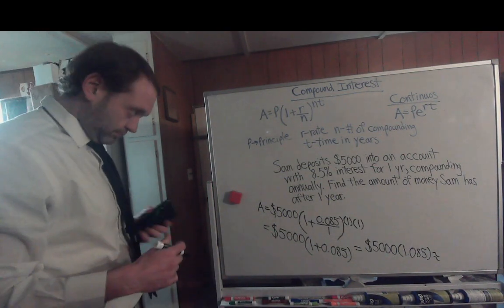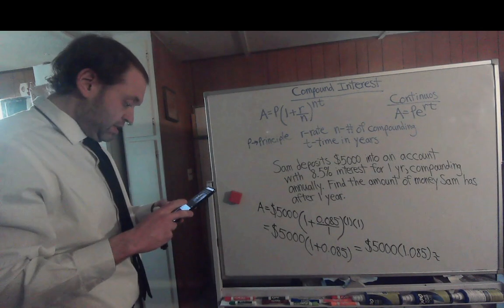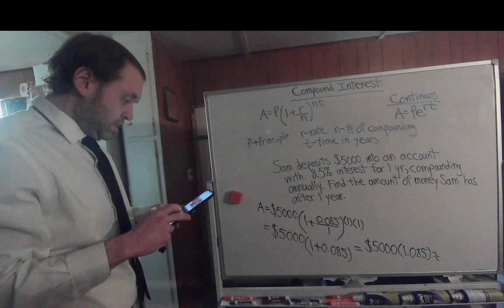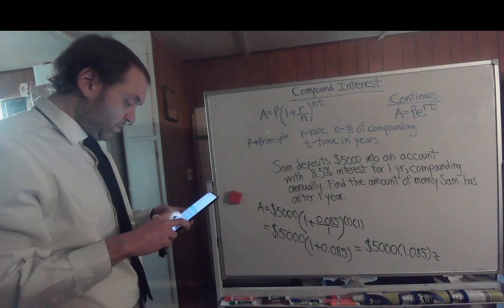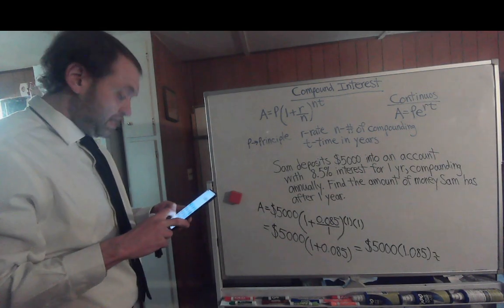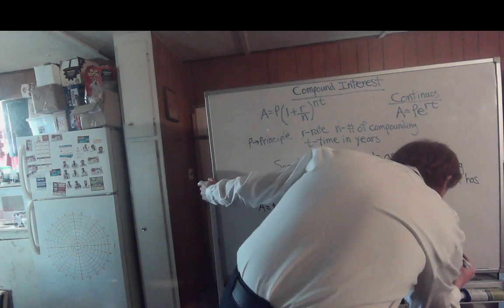So let's go ahead and take that, okay? So 5,000 times 1.085, that would give him about $5,425.